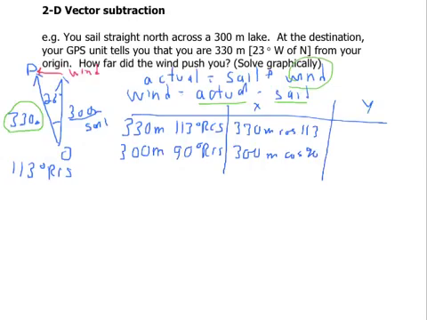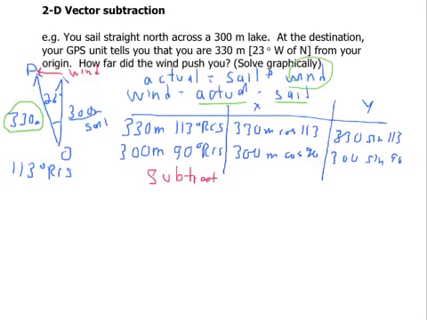And our y components, similarly, now we're going to use the sine function instead of cos. 330 sine 113 and 300 sine of 90. Now, remember, again, we have to subtract now instead of add. Subtract.